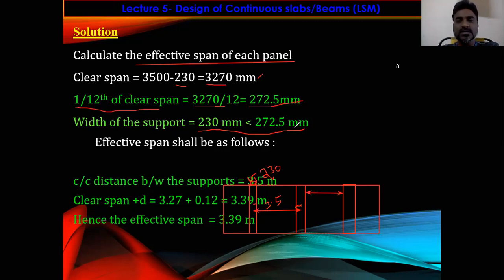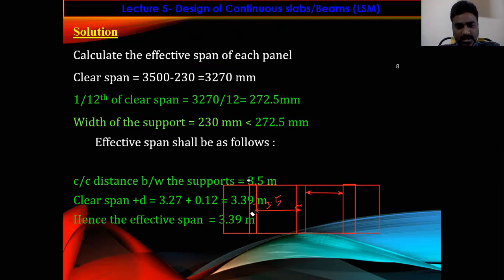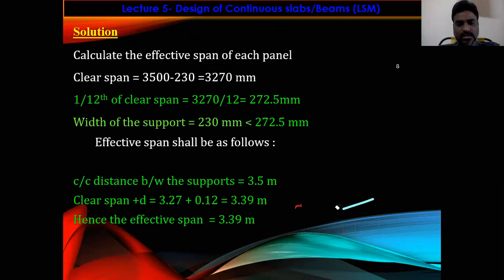That means the least of the following: the center to center distance between the supports, or clear span plus effective depth, whichever is less, right? So same thing I have calculated here. The center to center distance between the supports is 3.5, as I showed in the figure just now.